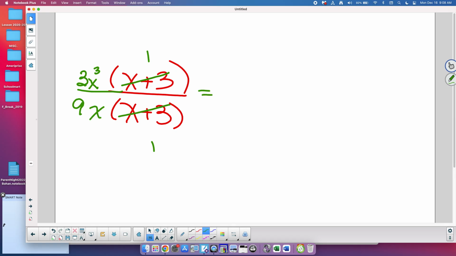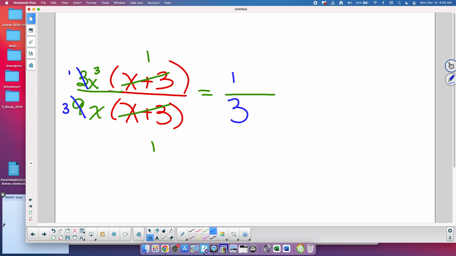What would happen here? Reduce it. 3x over 9. What goes into 3 and 9? 3. 3 ones and 3 times. So to me, the answer is 1/3.